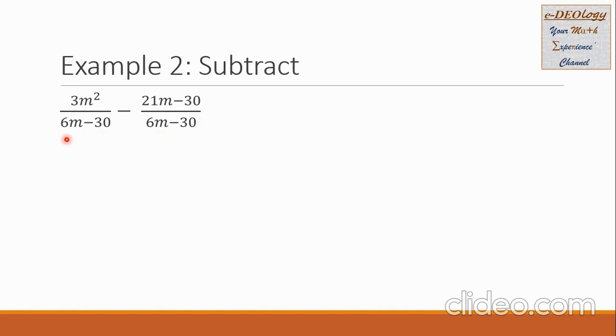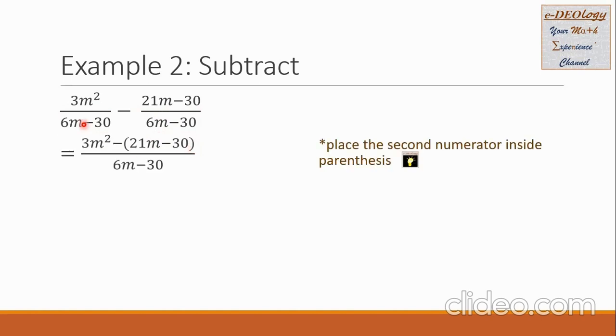Again, our denominators are common, so we can proceed with our operation in the numerators. So I copy the 3m squared here and then minus the second numerator 21m minus 30. Take note that we should put this into a parenthesis, all over the 6m minus 30 we copy down here.